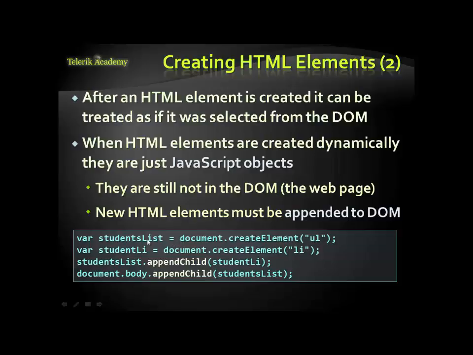First we're creating a list with a UL, and we're getting it here in a variable that represents the list, and we're creating a list item which will represent one item. And first we're appending the list item to the list, and then we're appending the list itself to the document body. That's the way to do that.